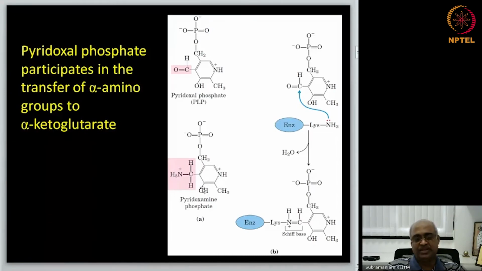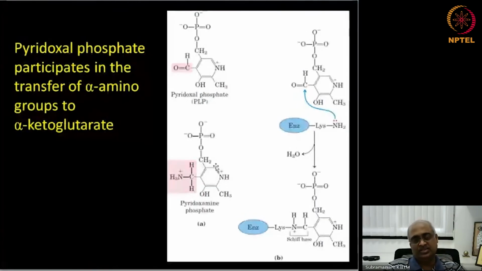In very layman terms, it juggles the electrons for some time, stabilizing an electron-deficient carbon. Such structures are called electron sinks. We have already seen multiple examples and this is one more. So it exists in this amine form, pyridoxamine phosphate, and aldehyde form, pyridoxal phosphate. It swings between these two, and that is what is critical for its role as a cofactor.